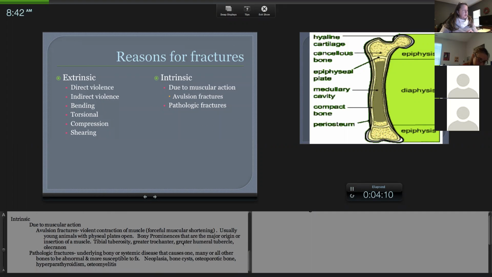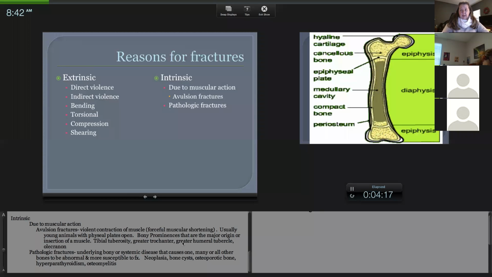Now, pathologic fractures, pathologic, think disease. If they have some disease of the bone, obviously, I was an oncology tech, so we saw lots of animals come in with what's called osteosarcoma, cancer of the bone. We had a dog that was supposed to come in and start radiation, because radiation can sometimes decrease the pain and decrease the swelling from osteosarcoma.